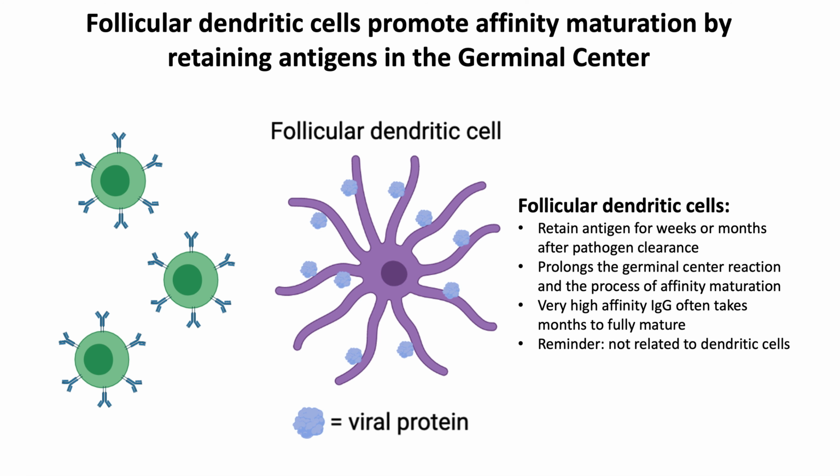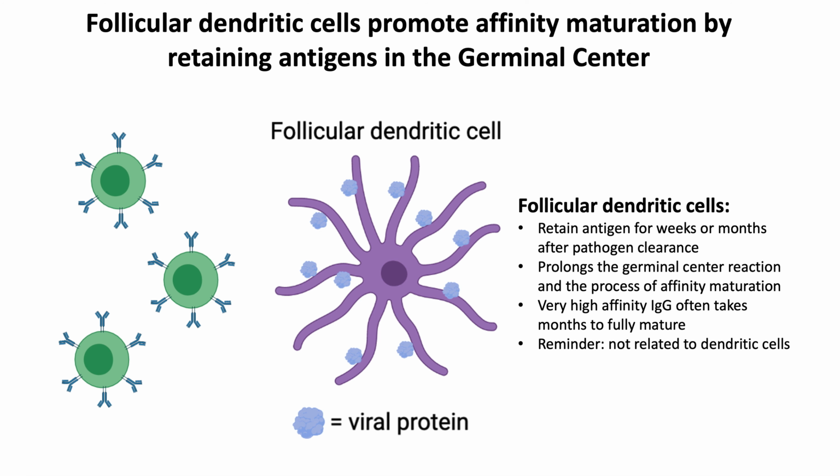One of the key mechanisms that promotes this process called affinity maturation is the retention of antigen within the germinal centers by these cell types, follicular dendritic cells. I talked about these briefly in a previous lecture on lymphocyte development. And what you'll notice is this follicular dendritic cell here is shown retaining these viral proteins. There's a variety of mechanisms by which these cells retain these antigens.